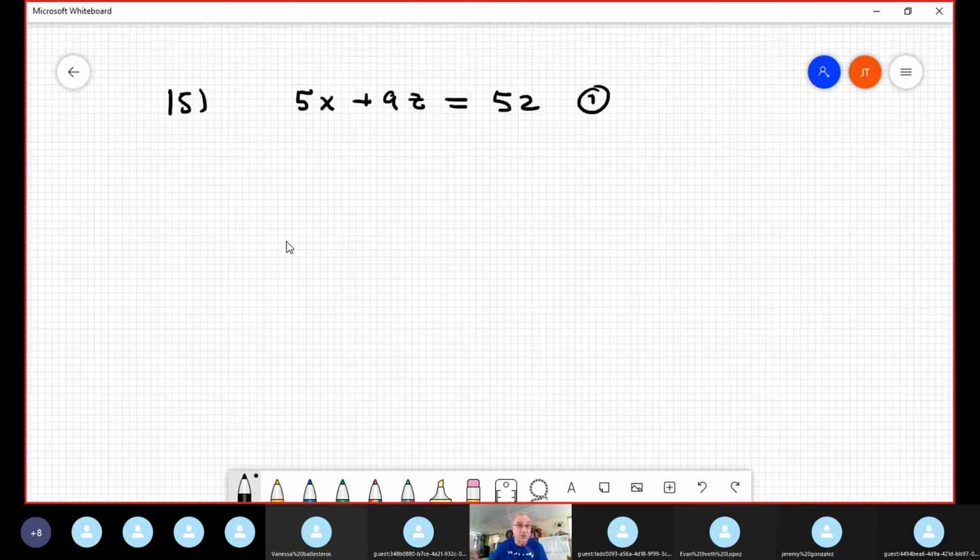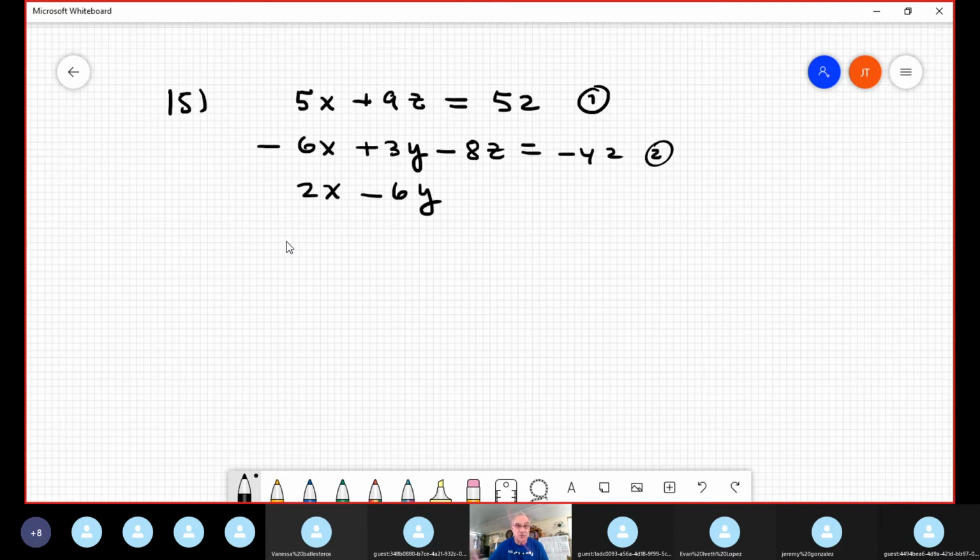My second equation is minus 6x plus 3y minus 8z equal 42. And finally, 2x minus 6y equal negative 40. And they want Cramer's rule.